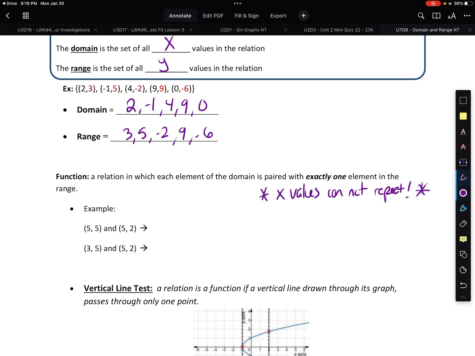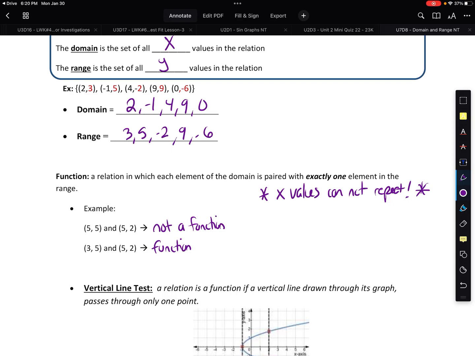X values cannot repeat. So if I look at my two examples, if I have 5, 5 and 5, -2, this is not a function. And that's because we have the 5 twice. Well, the one below, 3, 5 and 5, 2, that is a function because we have an x value of 3 and an x value of 5.